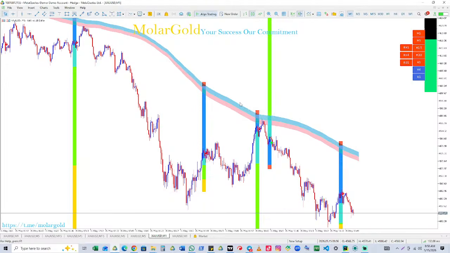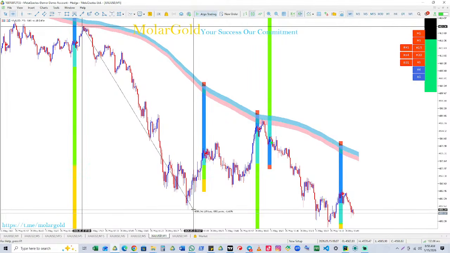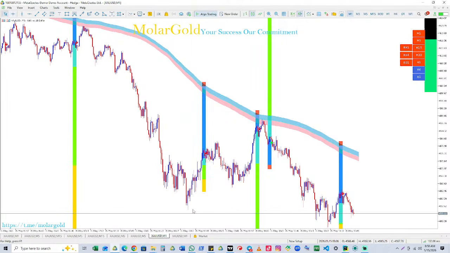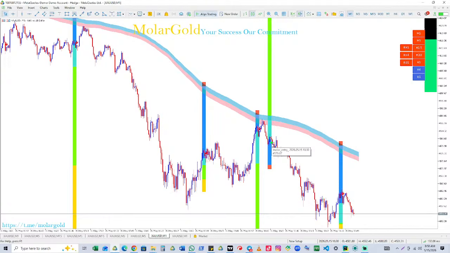We still have a lot of volatility in gold. Look at this, 600 pips on this trade alone. It does not move crazy like that. So that is when I stopped using this very indicator, because the strategy I'm using, the MolarGold zones, is the zones that I used to call the trades, and I'm going to explain it.